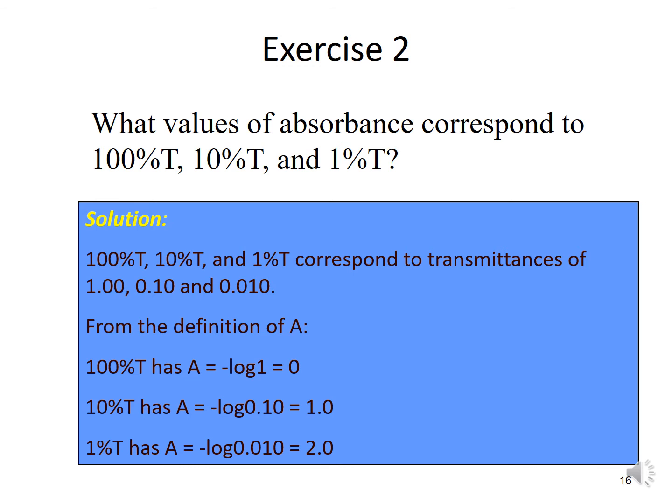Next, for 10% transmittance, you use A equals negative log 0.1, which equals 1. Next, 1% transmittance has absorbance equal to negative log 0.01. So you can see that the absorbance is higher compared to the 10% transmittance.